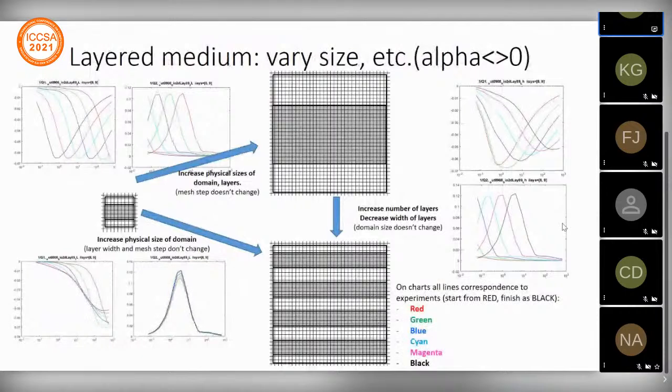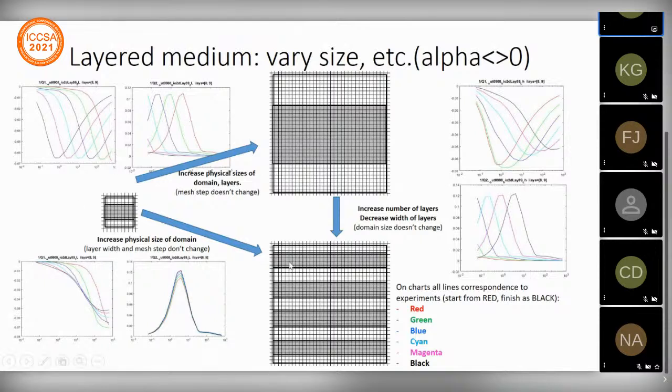Next, we fixed the geometry of the model and increased the size of the model to show that the results depend on the size of the inhomogeneity, the size of the layer. We can see quite clearly that the frequency dependence is completely different for different models when we increase the size of the model.